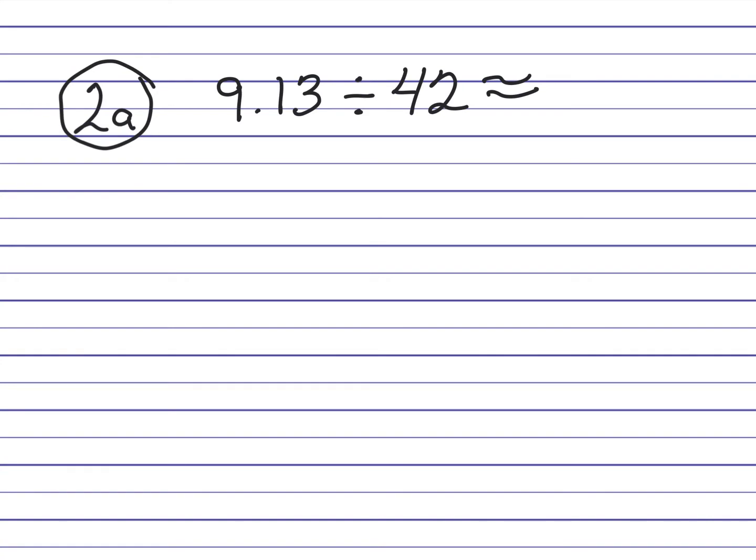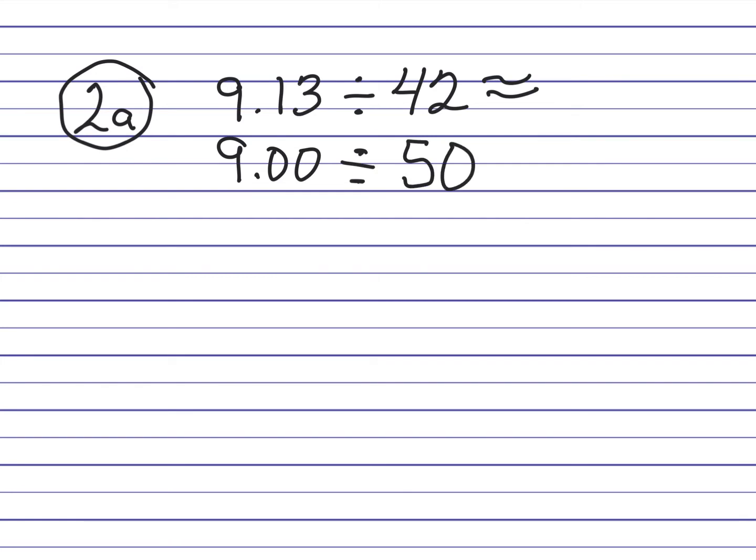Okay, on number 2A, we have 9.13 divided by 42. We're estimating. And I'm kind of thinking about this number. It's a little bit harder because of trying to figure out what can divide equally to get our estimated quotient. So I'm going to round 9.13 to 9.00. And then let's divide, because this might be easier if 900 rounds up to 50.